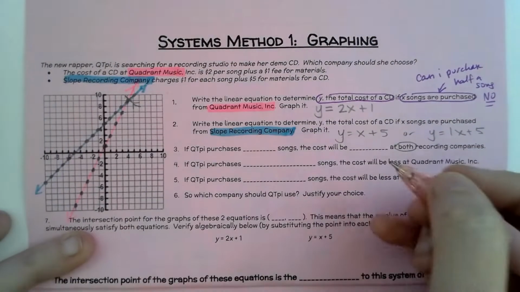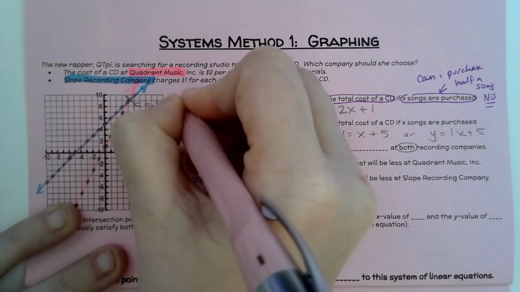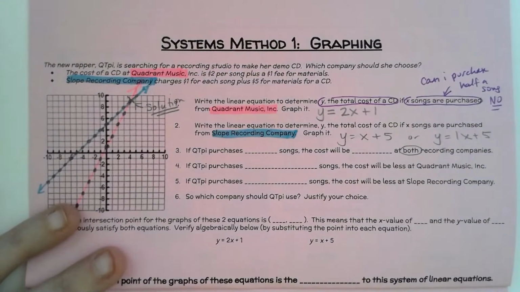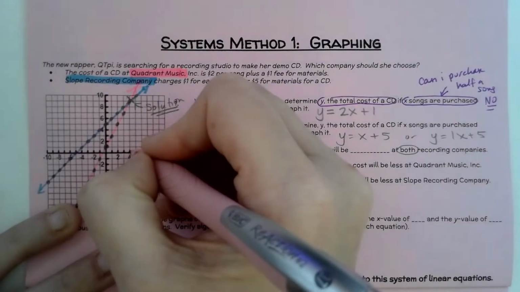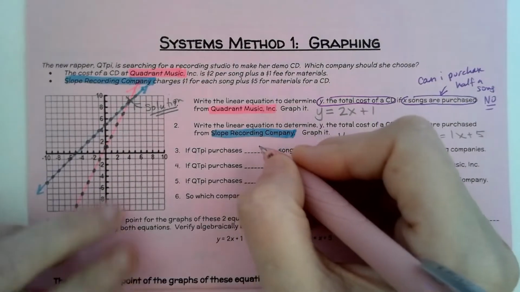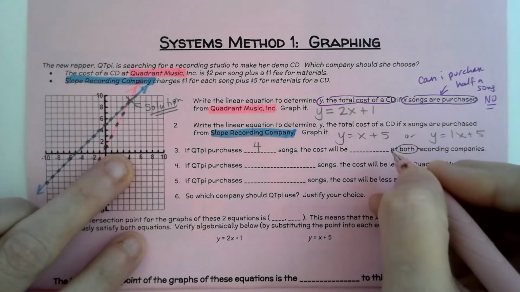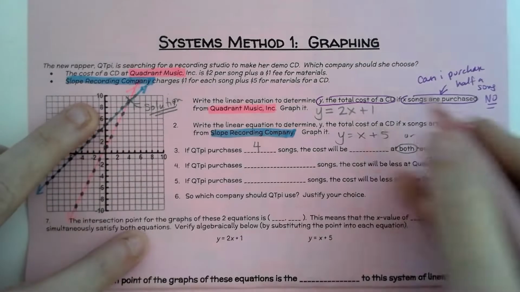We call that point where they're the same the solution. So where they cross is a solution. Well, this solution happens to be 4, 9. So when they buy 4 songs, the cost will be 9, which is $9, at both recording companies.